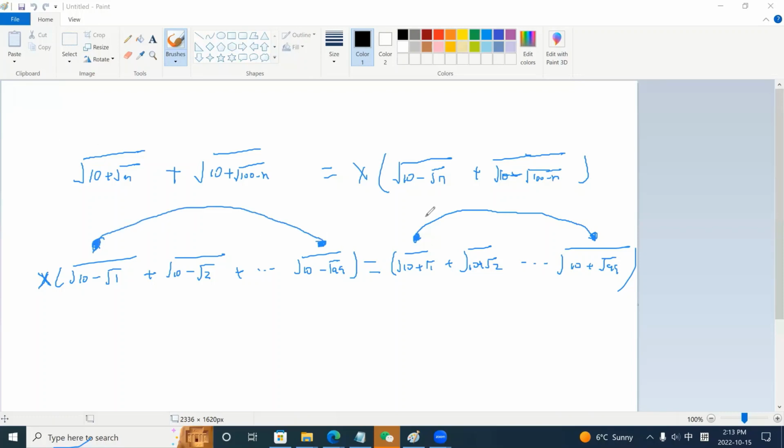So the sum of these two things is equal to x multiplied by the sum of these two things. Hopefully now you see why this assumption is helpful.